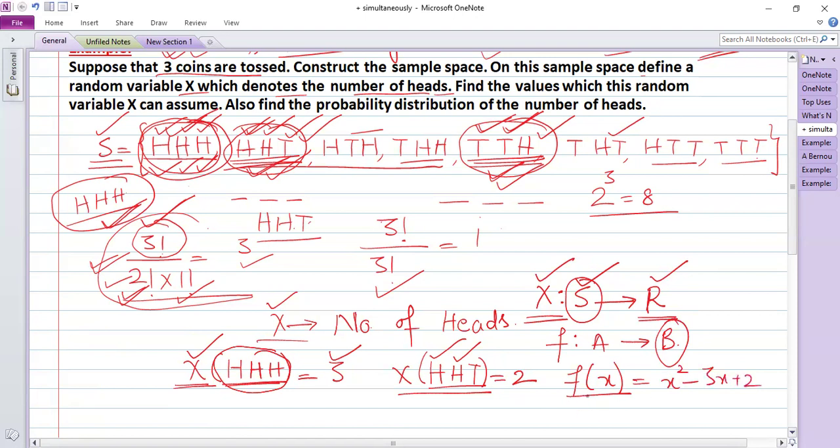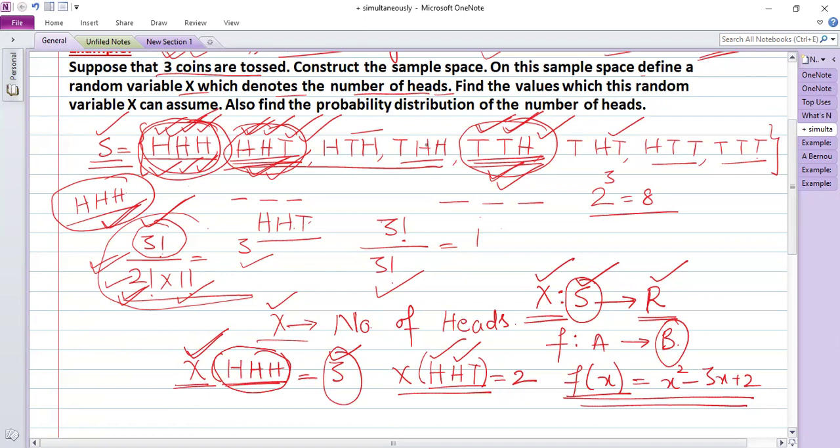Just like this function, x is also a function which is associating a real number to each element of the sample space.